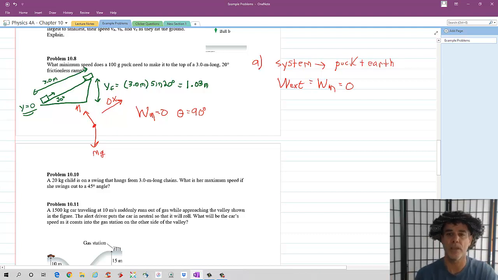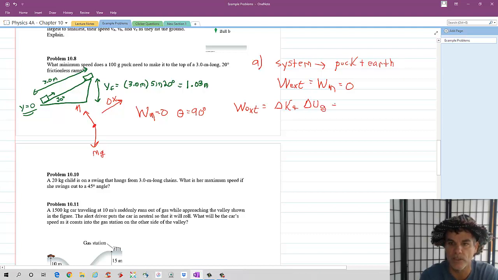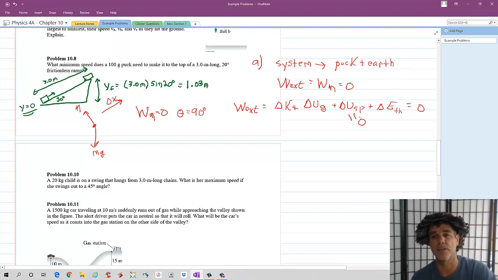So going to our big equation: the work done by all external forces equals the change in kinetic energy plus the change in gravitational potential energy plus the change in elastic potential energy plus the change in thermal energy. So one, the work done by all external forces is 0, which means the change in energy of the system is 0. So one, there's no spring, so you don't even need to consider elastic potential energy.